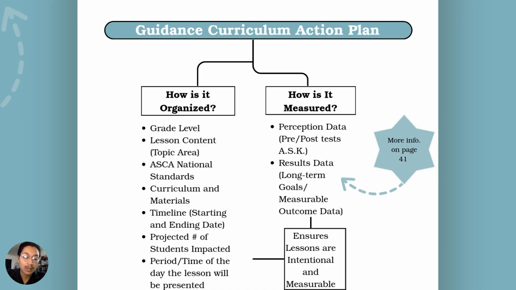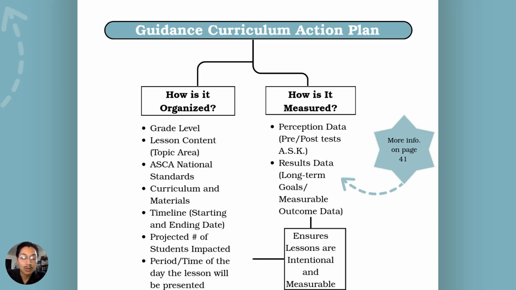So, the grade level: for example, a fifth grader receiving a transition lesson, or an eighth grader receiving a transition lesson to high school. That's a great lesson topic and content area to focus on. The third bullet point is the ASCA National Standards. The fourth is curriculum and materials, so you take into account what you're going to need and are intentional with that.